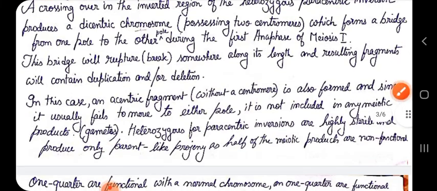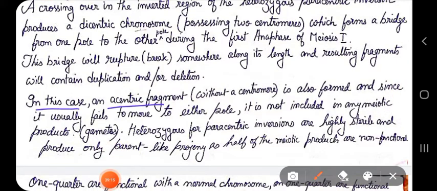Suppose an acentric fragment has been formed as a result of crossing over in paracentric inversion heterozygotes. If an acentric fragment occurs, that means a chromosome fragment having no centromere, that fragment will be lost because it will fail to move to either pole as it doesn't have any centromere.